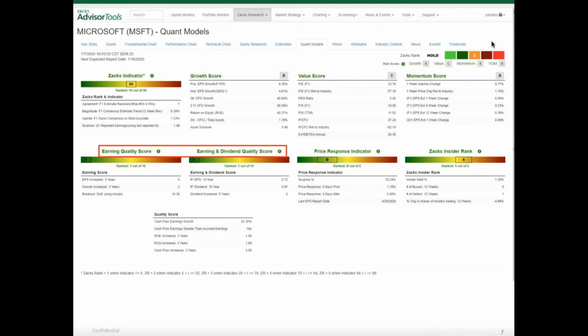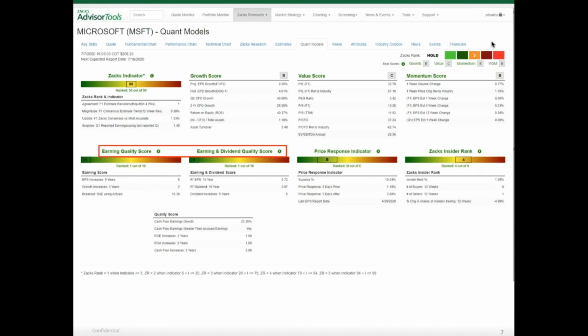So moving forward to the earnings quality and earnings and dividend quality scores, these are more focused on the longer term advantages. As you can see, these are more focused on the company's metrics over the last 5 to 10 years and whether or not the company can produce strong growth, strong earnings per share growth, as well as consistent dividends.